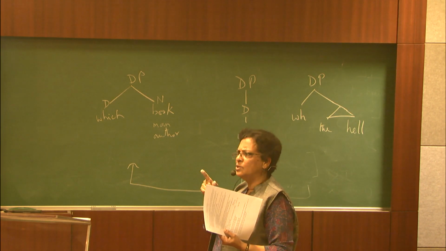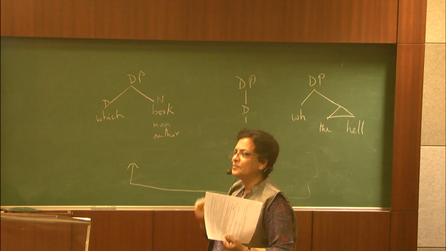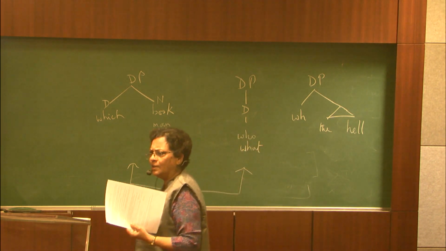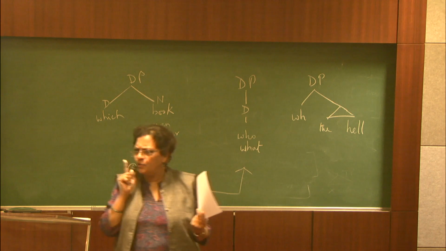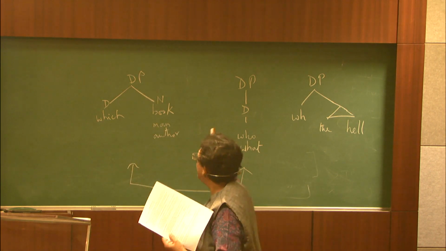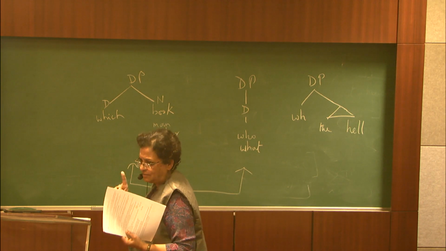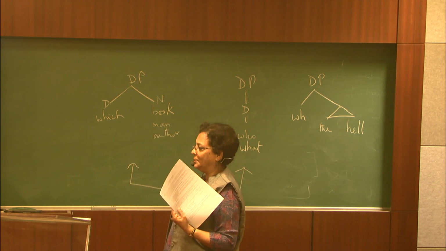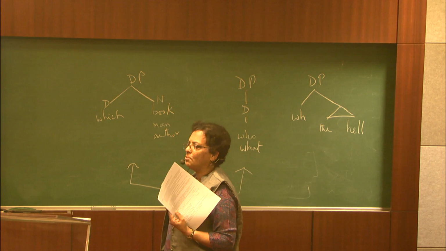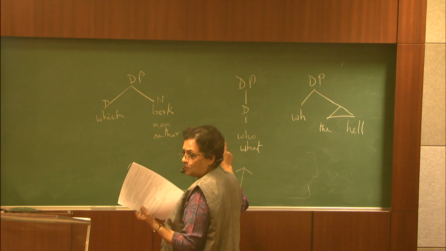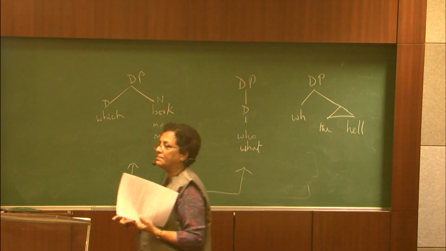So who's working on Sluice? Somebody here is working on Sluice. So have you read Chung et al. 95? Okay. When you read that paper, remember this. They use this as plus definite, it cannot be maintained actually. So that's what we're going to look at. This one is minus definite.